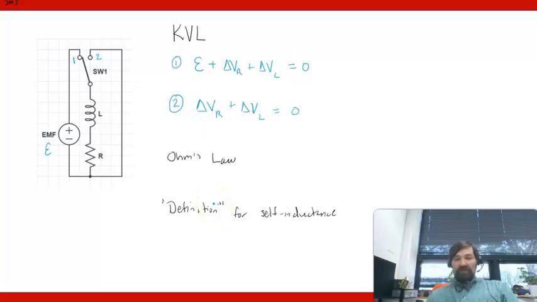We have Ohm's law, which says that delta V for the resistor is current times resistance. Then we have the definition for self-inductance, which says that the induced EMF is negative of L times di by dt.